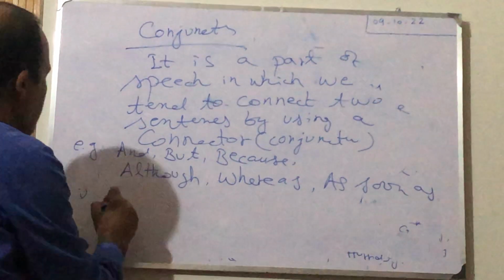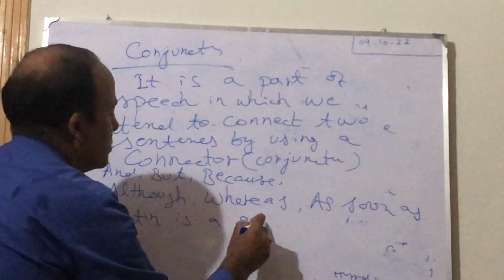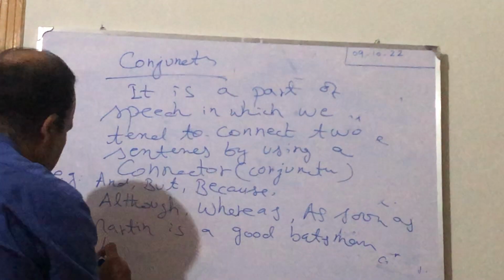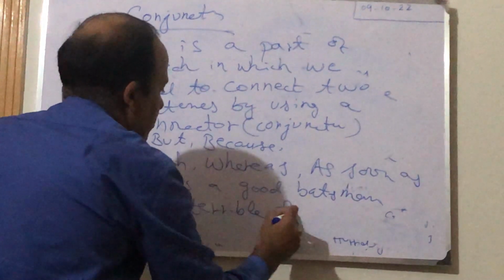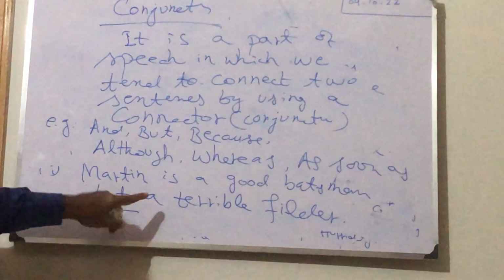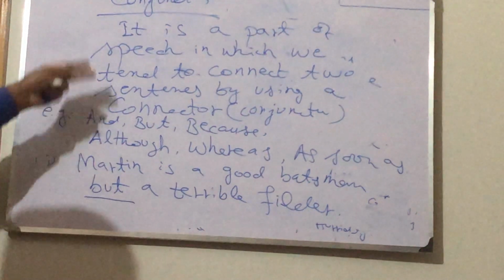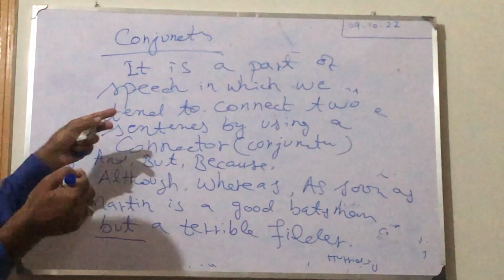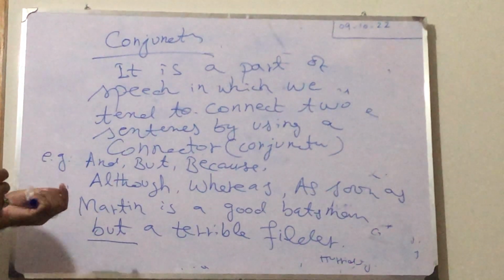If I say that Martin is a good batsman but a terrible fielder, so this but happens to be a conjunction because it connects these two sentences. It's kind of a bridge between these two sentences. That's where we use conjunctions to bridge, to connect two sentences by using these connectors, which are actually called conjunctions in parts of speech. I hope you got it.